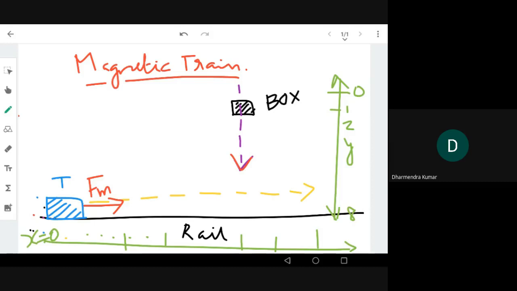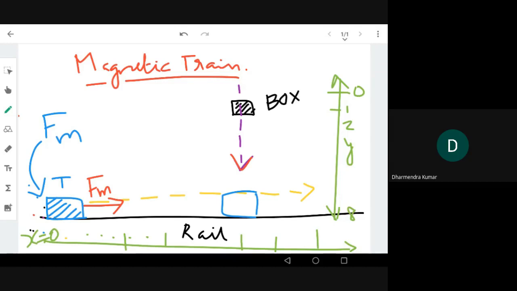As an engineer, your problem statement is that you have to manipulate the force. What is the input here? Your input is Fm, the magnetic force, applied inside the magnetic train. You have to manipulate the magnetic force Fm so that your magnetic train is exactly placed below the box which is falling from a position y from the top, right? So this is your problem statement.